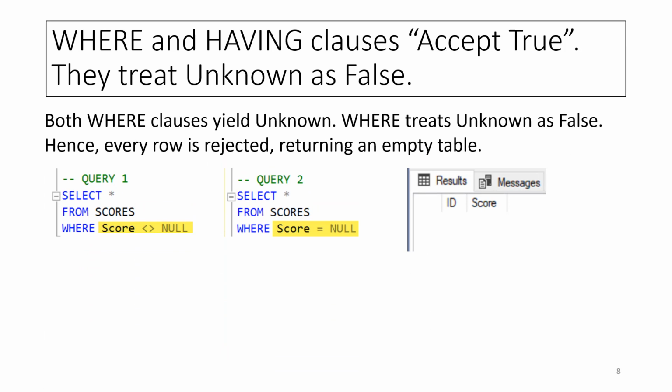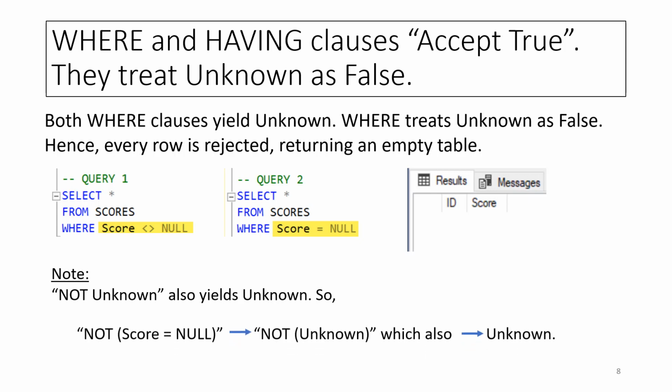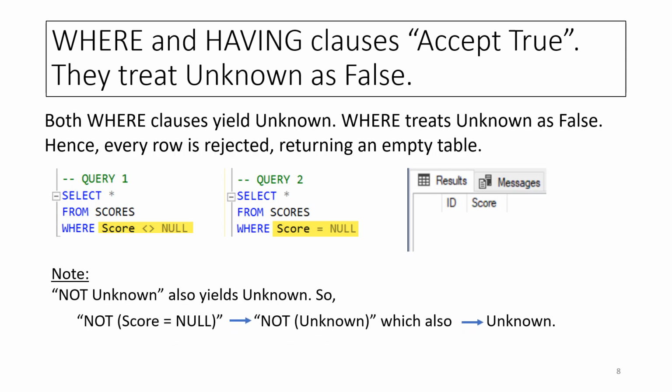This is why every row is rejected, returning an empty table. An interesting note, not unknown also produces unknown. Testing for negation of score equal null is the same as testing for not unknown, which results in unknown.